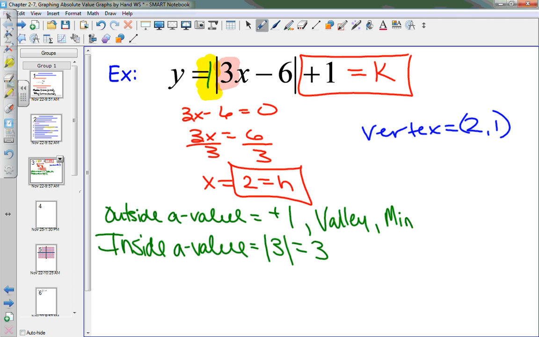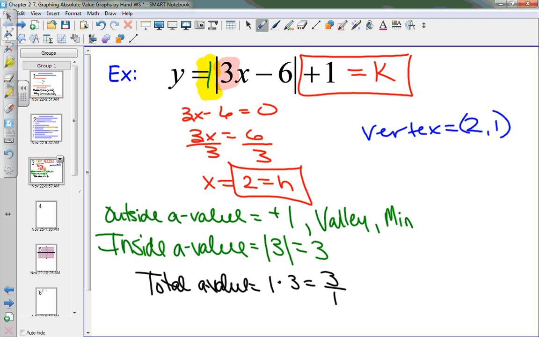Now what does it say to do after you find both of the a values? To multiply them together. So my total a value is going to be 1 times 3, which gives you 3. Now, since that's a whole number, what do I do with it?